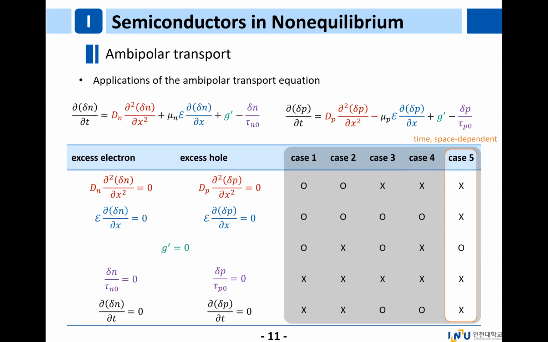So understanding the behavior of excess carriers in non-equilibrium states required equations that describe generation, recombination, drift, and diffusion. Therefore, we derive the ambipolar transport equation and explore its applications to interpret phenomena related to excess carriers in non-equilibrium states.